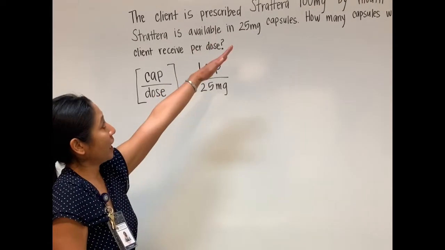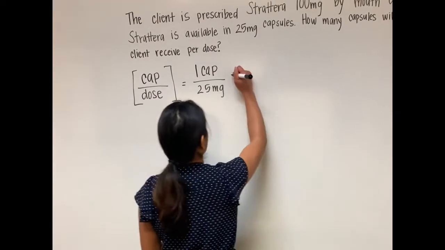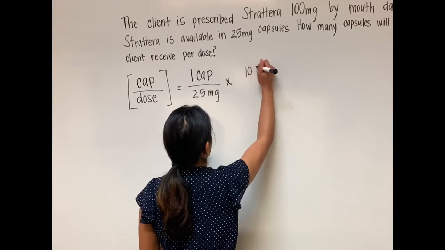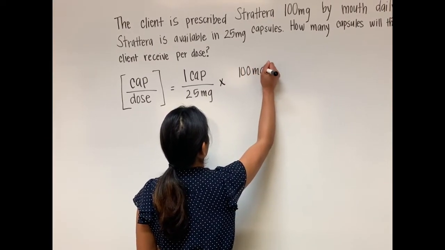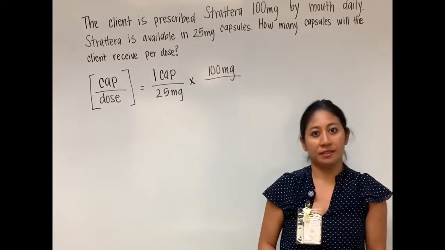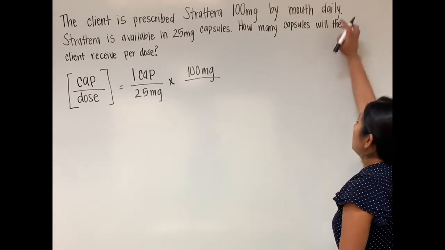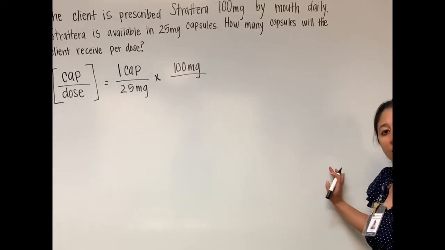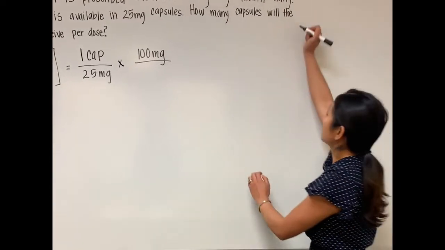Right, so we get the 100 milligrams on top here. And it says by mouth daily. But the problem with this is that I like to think of daily as a distractor.